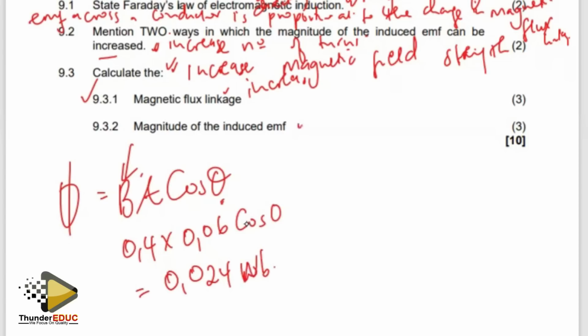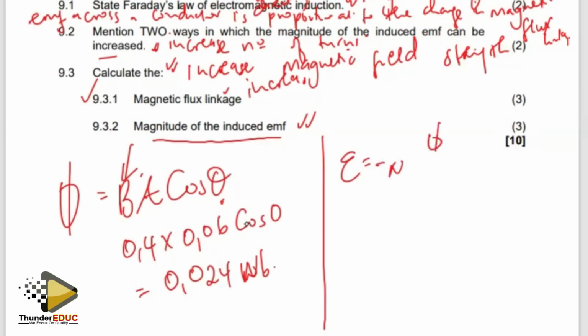Then 9.3.2, they want us to get the magnitude of the induced EMF. So we know that the change in the magnetic flux will give us the EMF. So that's going to be negative N, the change in the flux over the delta t. Let's substitute how many turns we have.